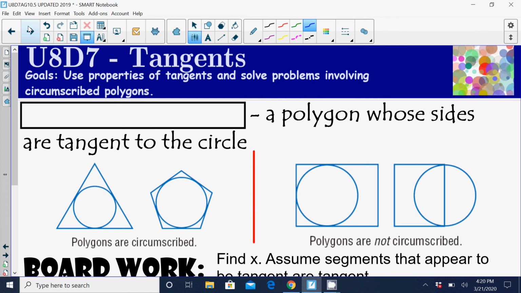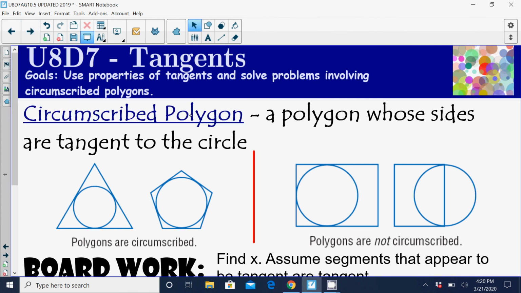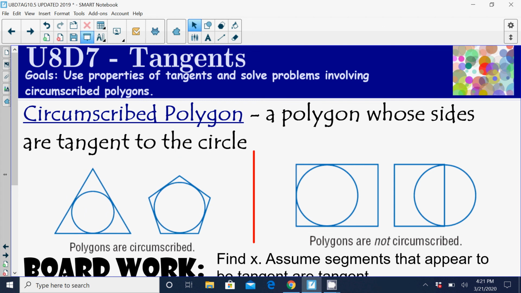All right, last piece for this one says the term circumscribed once again. A circumscribed polygon is a polygon surrounding the circle. What we know about that is that each side of that polygon has to be tangent to the circle, so each side is going to touch the circle at one point.